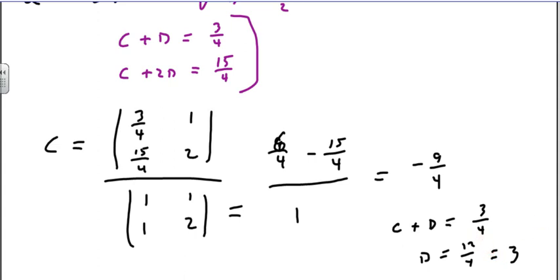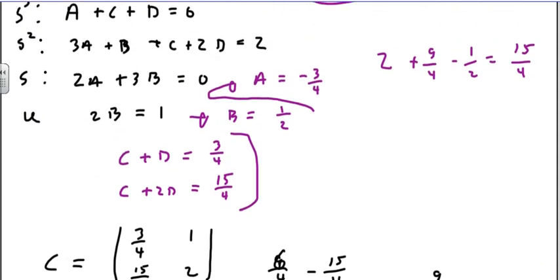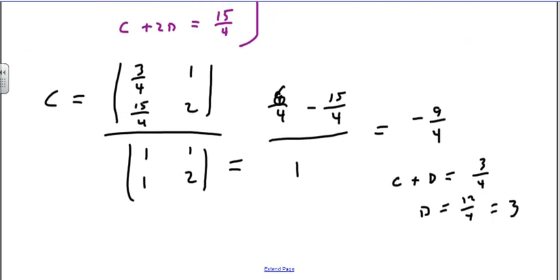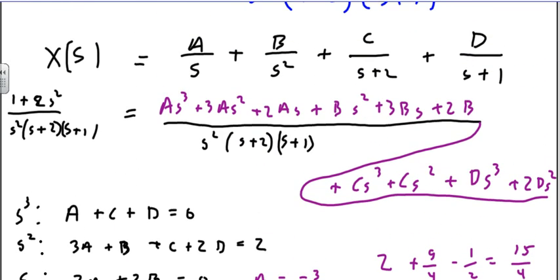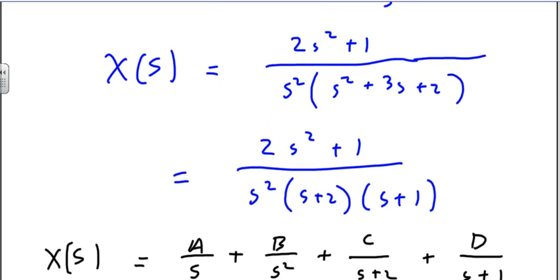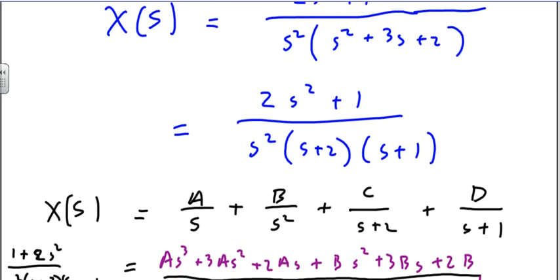Okay, so now we got to remember A is minus 3/4, B is a half, C is minus 9/4, D is 3. And we have to remember how they went into the equation that we had them in originally.